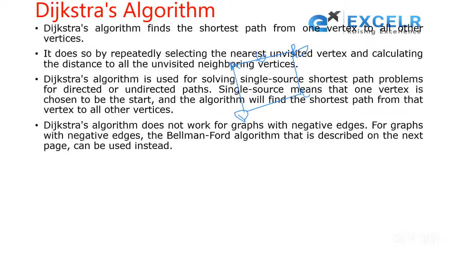Like suppose it is 6, it is 7, it is -3, it is -4. So these are the weights, and some of the weights on this graph are negative values. So when you have a graph having some of the weights as negative, we call that a negative edge graph.